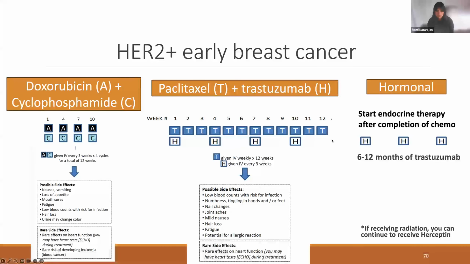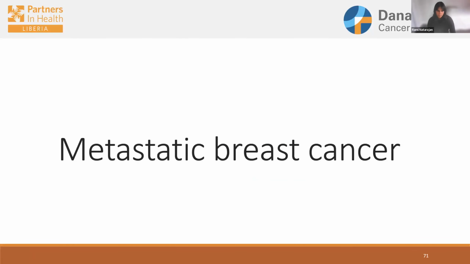Both are reasonable. In patients who have lower risk disease, like less than 2 centimeters node negative, they will just get the TH in the neoadjuvant setting. Patients have surgery, and then again, we start the hormonal therapy while the patients continue on trastuzumab every 3 weeks for 6 to 12 months based on what's available.